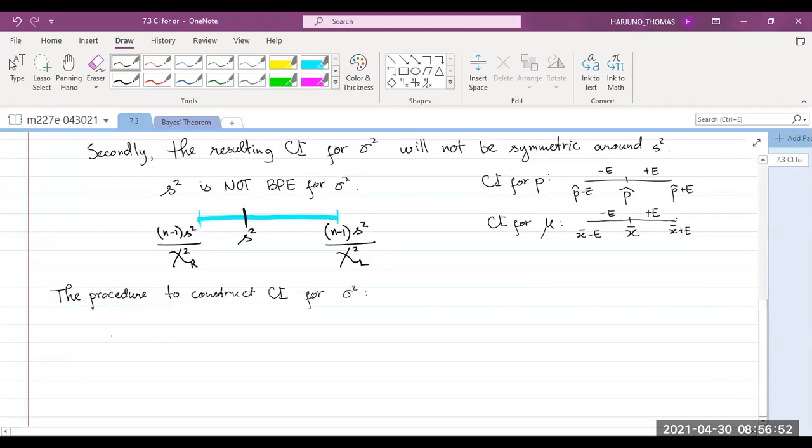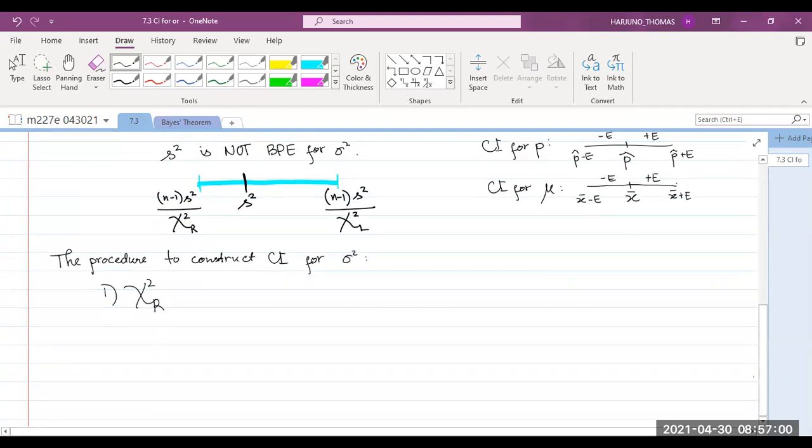Step 1, we find chi-squared right. That's the critical value we get from our calculator, the program we have earlier. Second step, chi-squared left. Third step, the declaration: confidence interval for sigma squared.